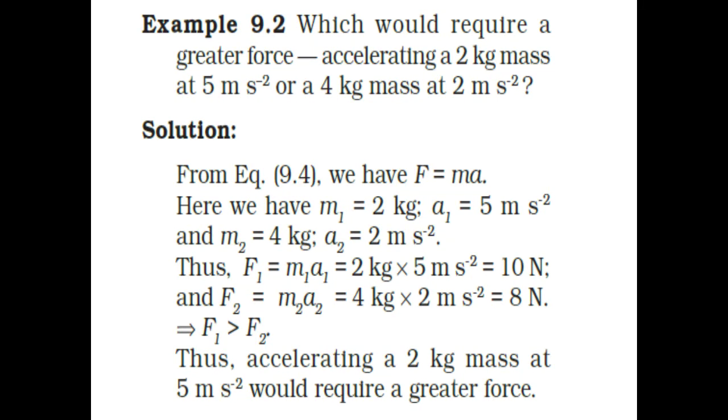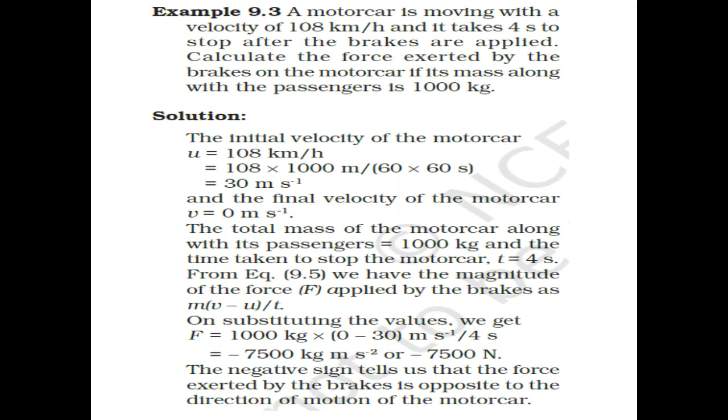This was the question. In 9.3, a motor car is moving with a velocity of 108 kilometer per hour. This is the initial velocity given to us, and it takes 4 seconds to stop. So 4 seconds is the time given to stop after the brakes are applied.